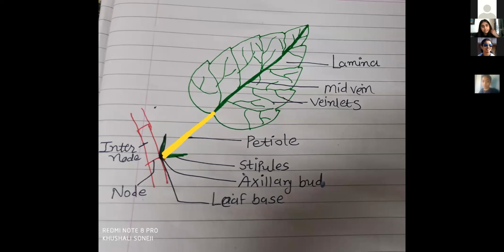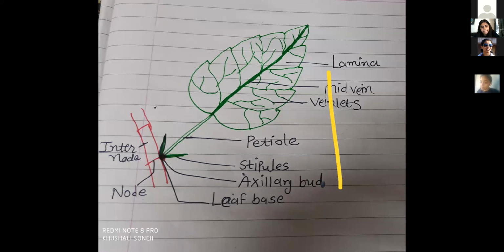First of all, we understand the leaf. Leaf is a lateral, generally flattened structure borne on the stem, a dorsiventrally flattened structure. It develops at the node and it bears a bud in its axil.